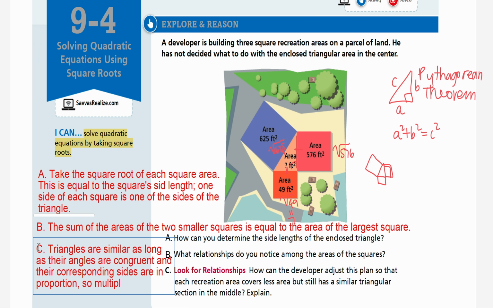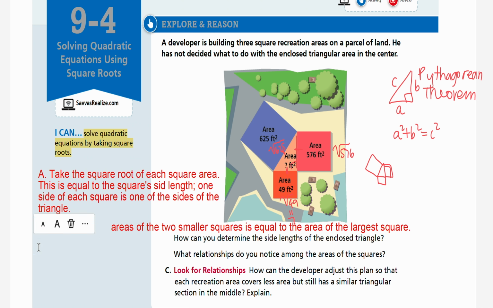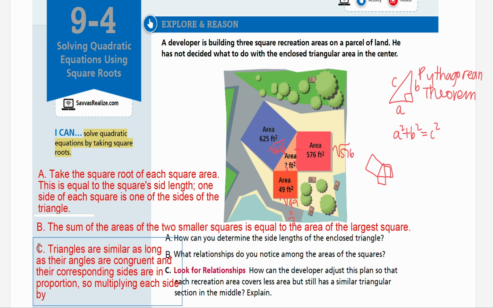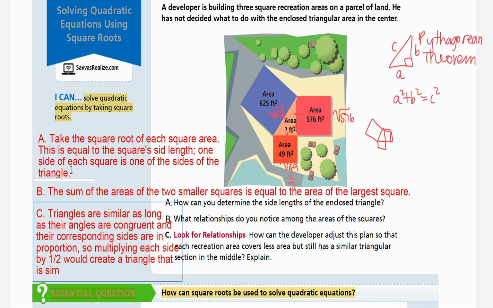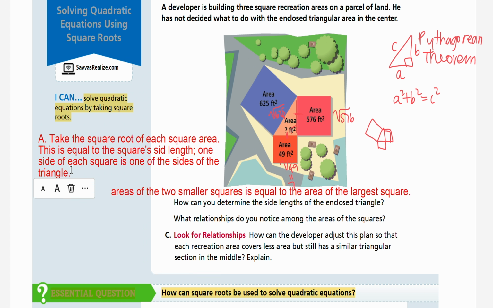So multiplying each side by 1/2 would create a triangle that is similar and covers less area than the original triangle.